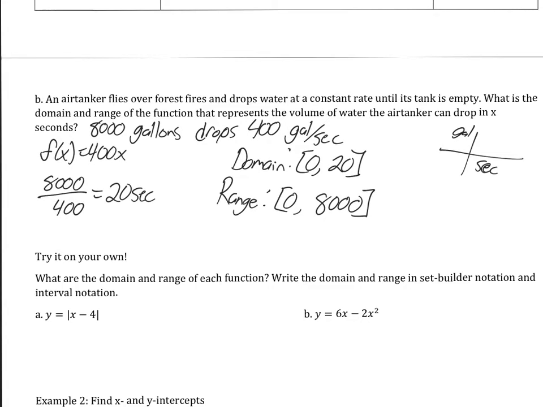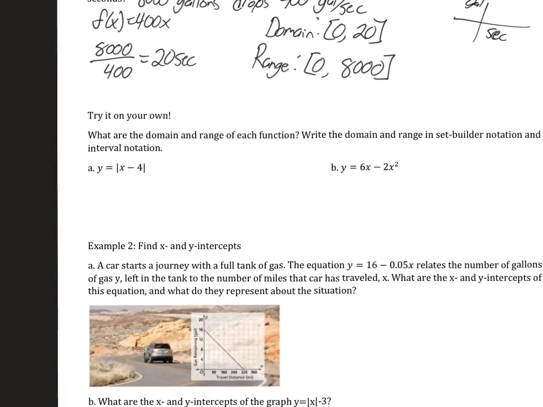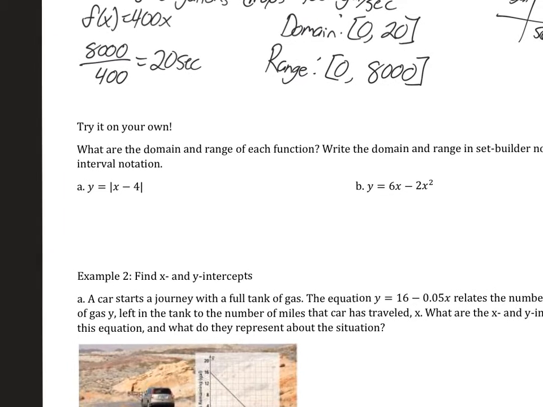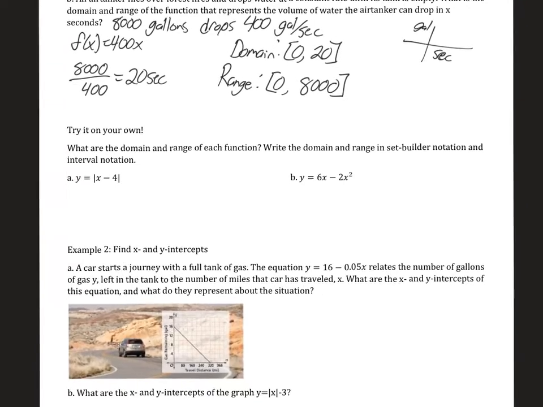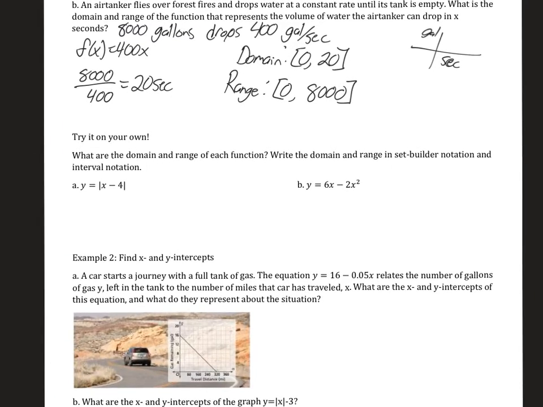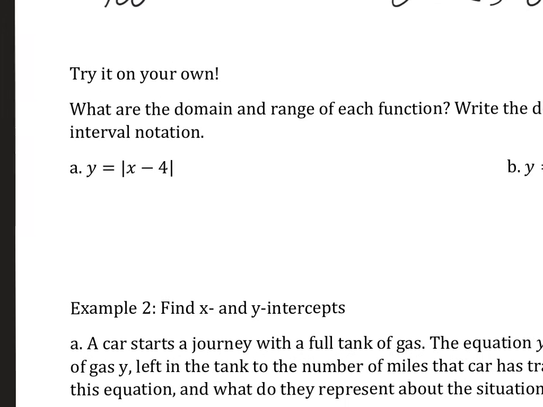Okay, so pretty easy. Now I want you to go ahead and try out this first one. So it says, what are the domain and range? Write them in set builder notation and interval notation. Okay, so looking at this, my domain, is there anything that I can't plug in for x?